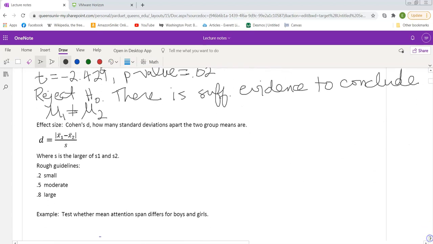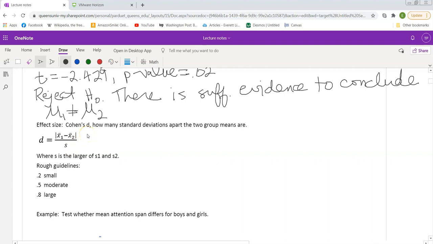Now, for this test, to calculate Cohen's d, the formula is you just take the difference in the sample means, take the absolute value, and then divide by the larger of the two sample standard deviations. Okay, and essentially this is telling you how many standard deviations apart the two group means are.